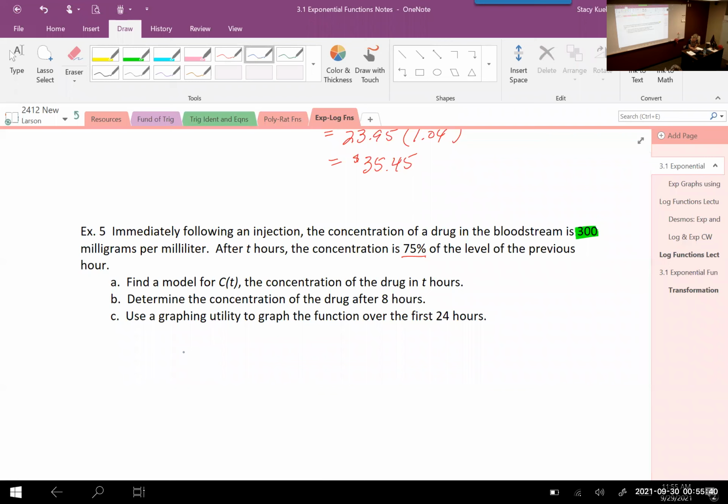We can create a model for the concentration based on that information to look like 300 times 0.75 to the t. It almost looks exactly like our inflation rate problem we did a minute ago, or PERT, right? We've got the initial amount times some base raised to a time. It's basically how these work out. So that's what our model looks like.